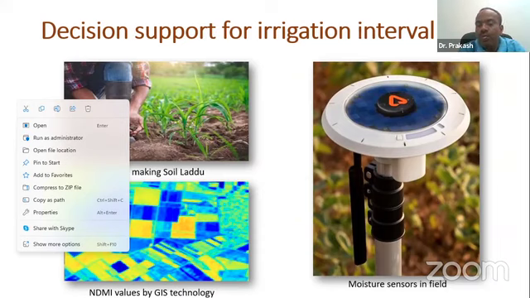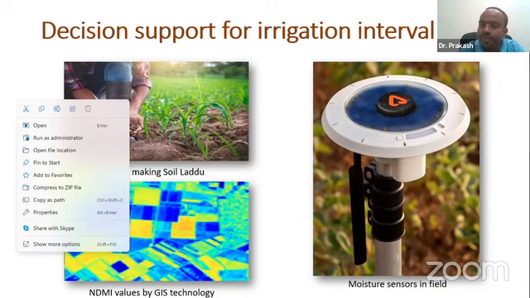We are happy to announce that our moisture sensors are available with us, and we can give a mobile based technology to monitor and digitize the moisture sensors in the field, and give proper irrigation scheduling with their help.